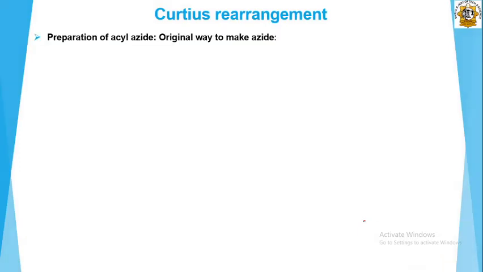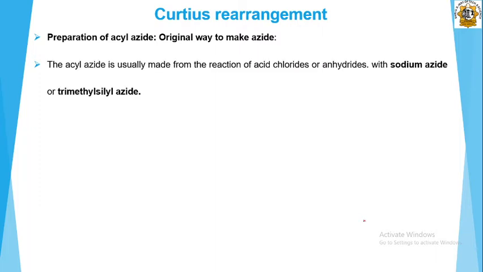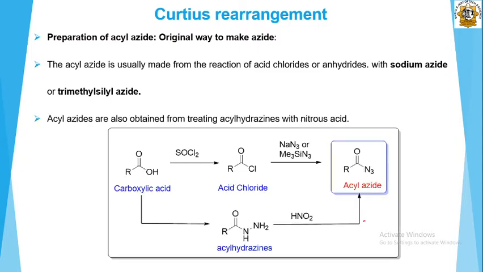So next, moving to how we will prepare acyl azide. The original way to make azide is using acid chloride. So we'll have a carboxylic acid like this, and then we'll treat it with thionyl chloride, so we'll get acyl chloride.